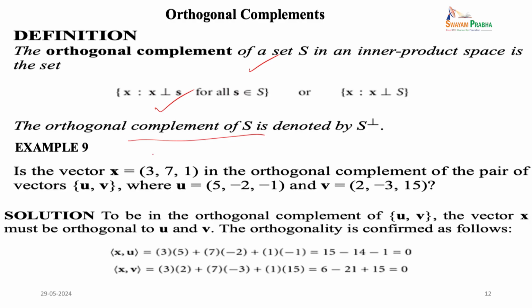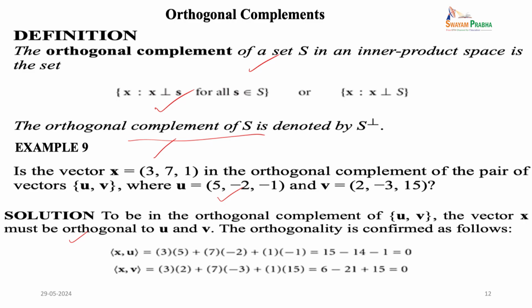Is the vector x equal to 3, 7, 1 an orthogonal complement of the pair of vectors u comma v, where u equals 5, minus 2, minus 1 and v equals 2, minus 3, 15? For the orthogonal complement of u, v, the vector x must be orthogonal to u and v.